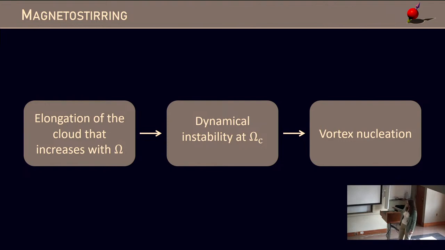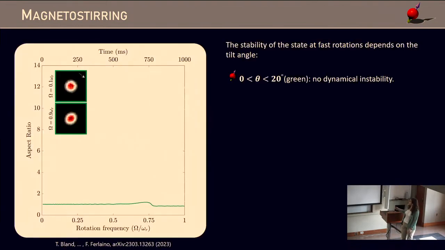To study this, we first decided to do some simulations to understand which were the best experimental conditions to observe it. In particular, we studied the stability of the system, since we want to see when the system becomes unstable and when we have vortex nucleation. So we studied the stability of the state depending on the initial tilt angle of the magnetic field.